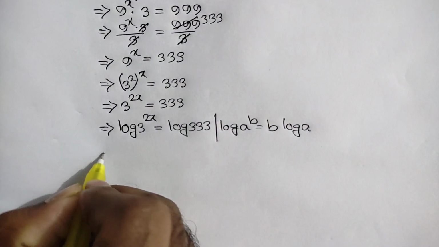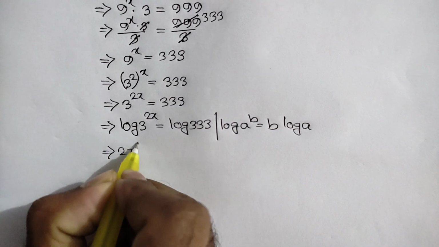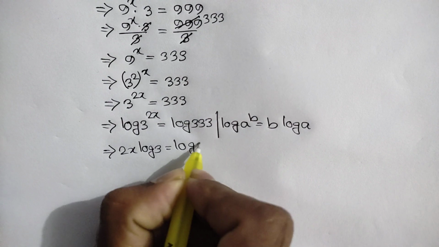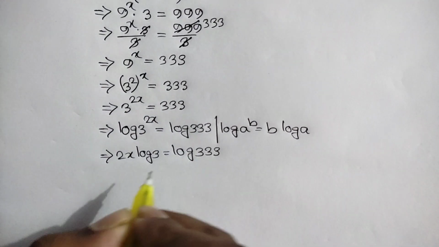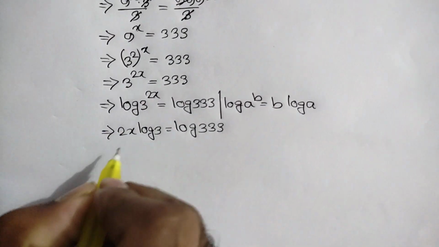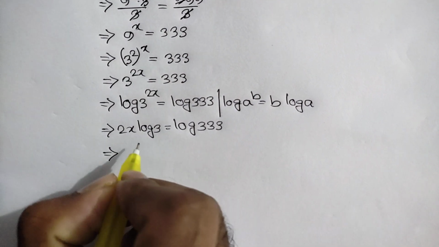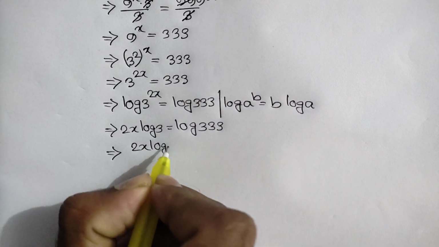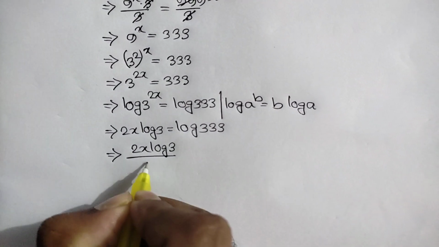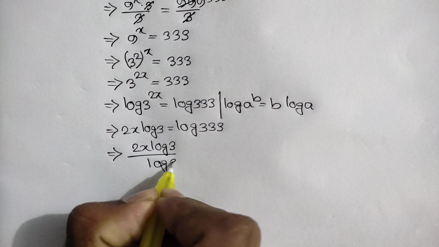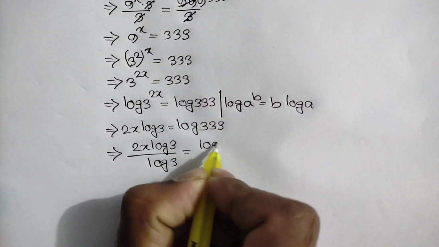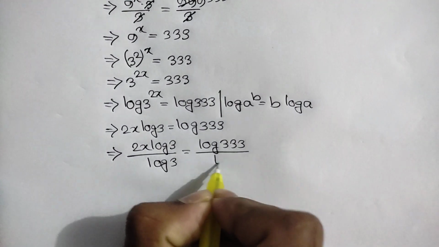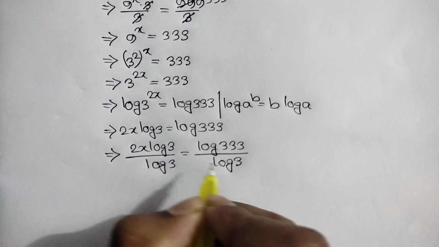So we can write 2x log 3 is equal to log 333. Now divide by log 3 both sides we can write 2x log 3 over log 3 is equal to log 333 over log 3.